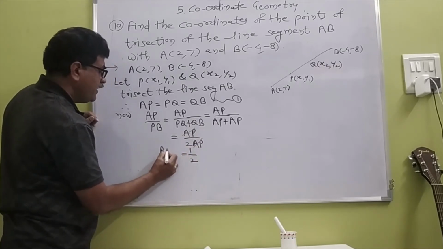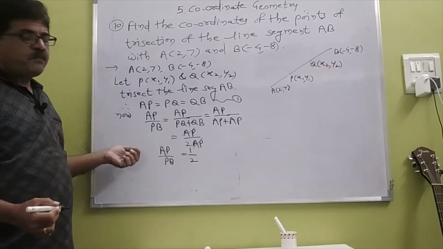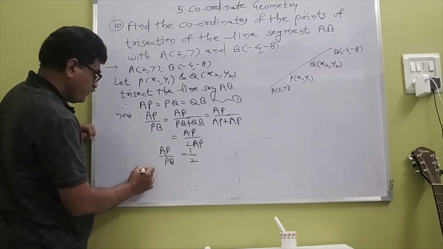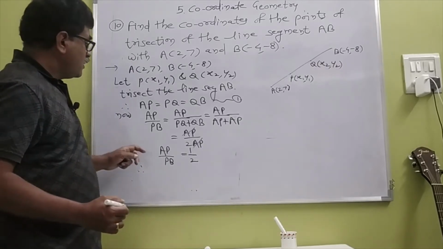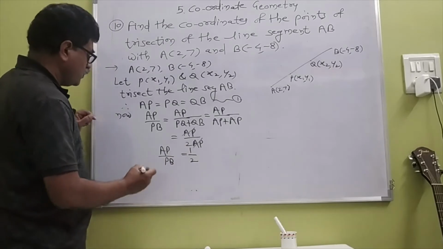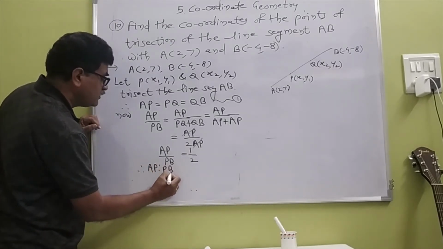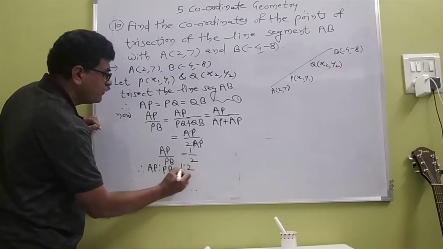This is AP upon PB. Therefore, AP is to PB is equal to 1 is to 2.